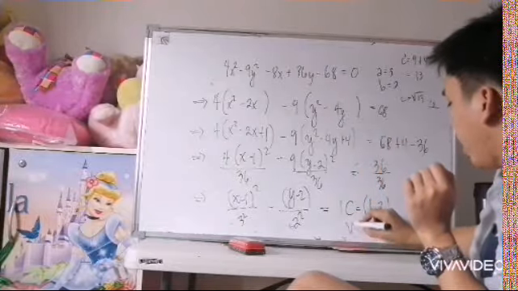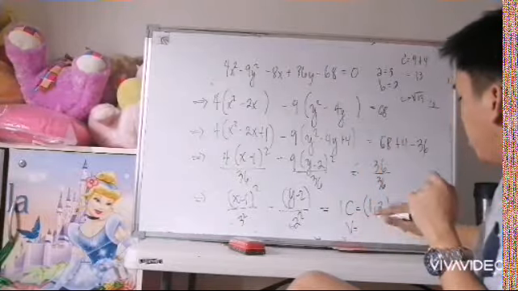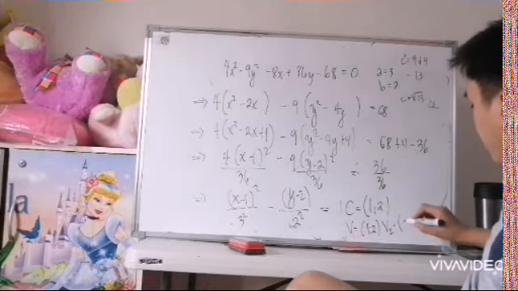So my vertex is a units away from the center. That's 3 units away from the center, and since this is oriented horizontally, it should be right and left. So my vertex 1 is 3 units to the right, we have 4, 2. My vertex 2 is 3 units to the left, so that's negative 2, 2.